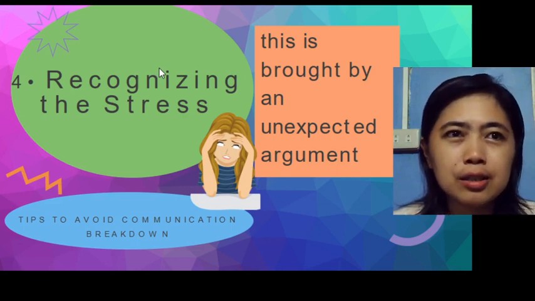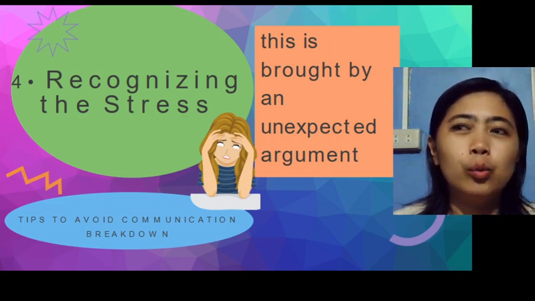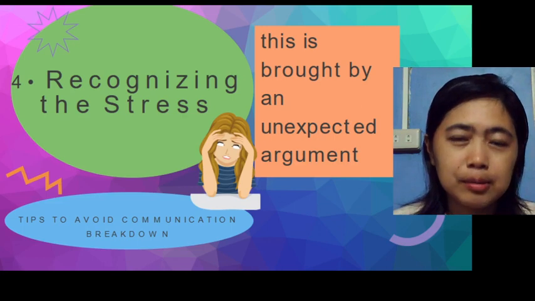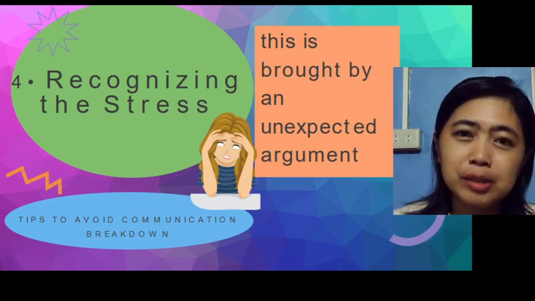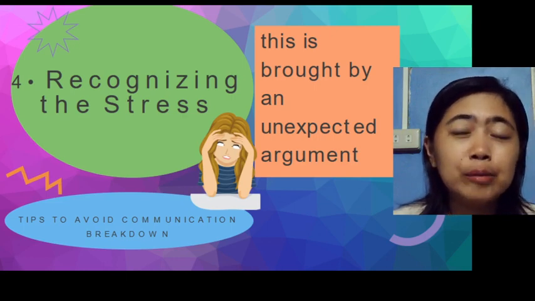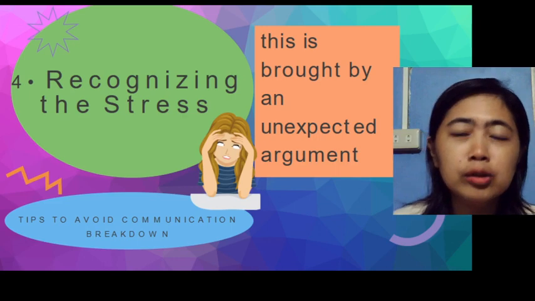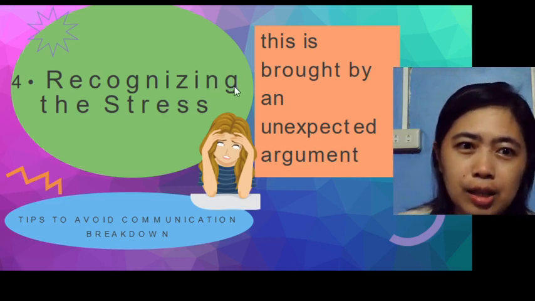If there are things that are not clear, wait for the person to finish, and after the person's speech, that's the time to ask questions. Do not butt in, do not interrupt the speech or the conversation. Wait for that chance to be asked.